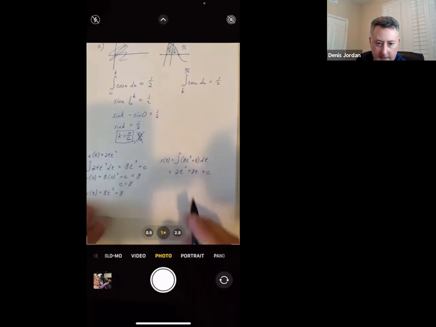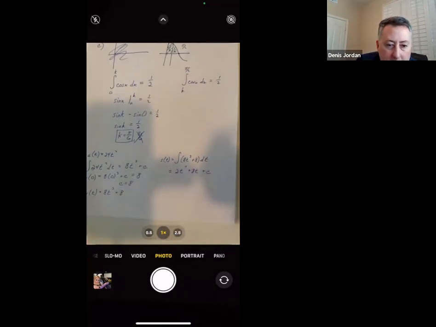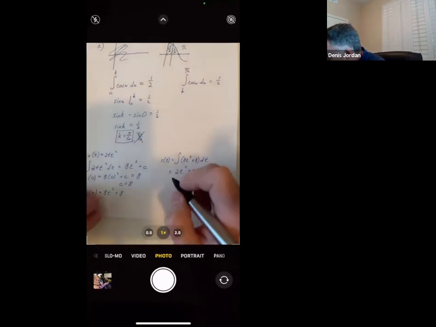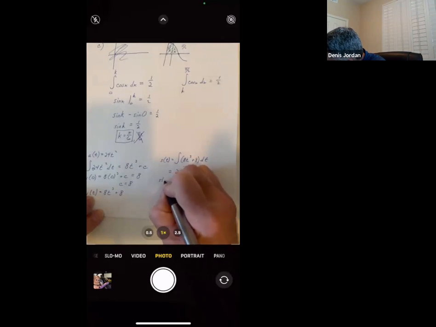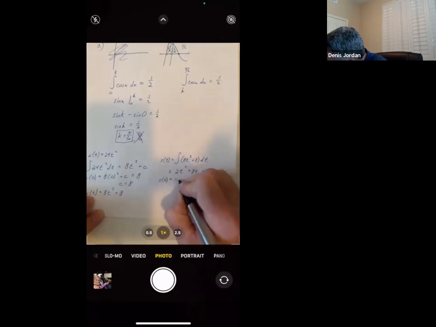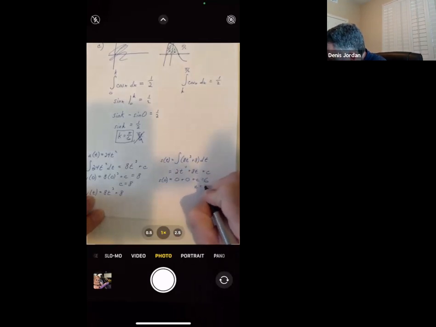And now you can use that last piece of information. So when t was equal to 0, the position was at 6. So c has to equal 6.